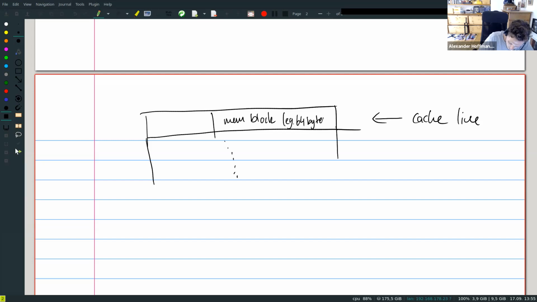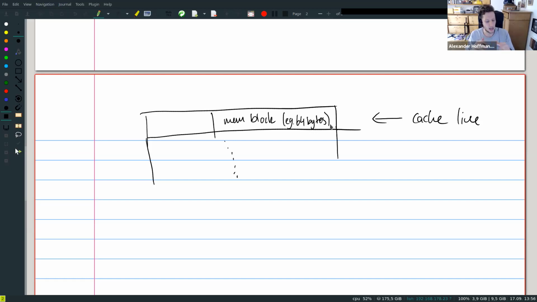Now, in a direct mapped cache, when we want to look for a memory block, we go to the index, we check the cache line, so we know which line it would be on. And then we compare the tag to see if it's the same memory block that we want. Meaning every cache line has to store the tag of the current block that's in there.